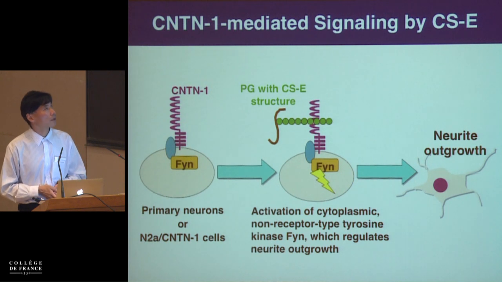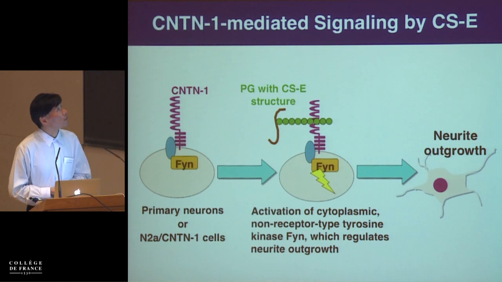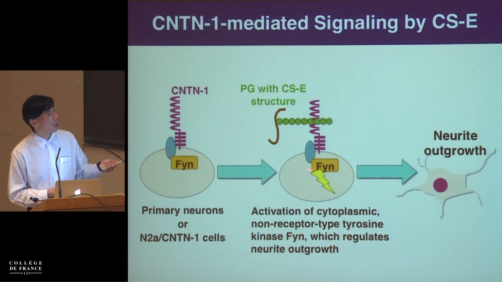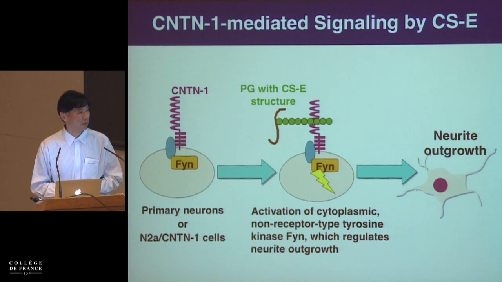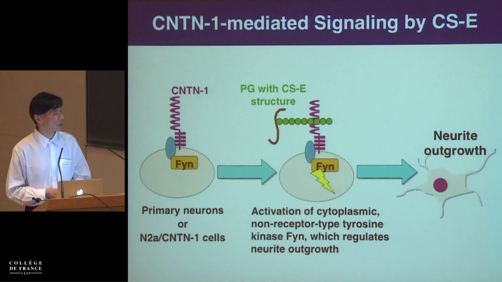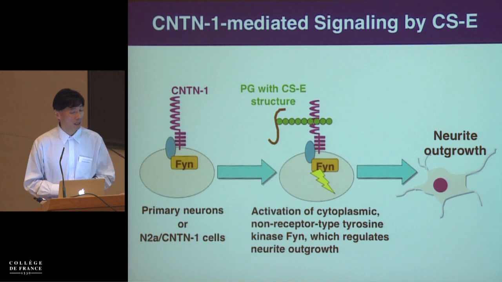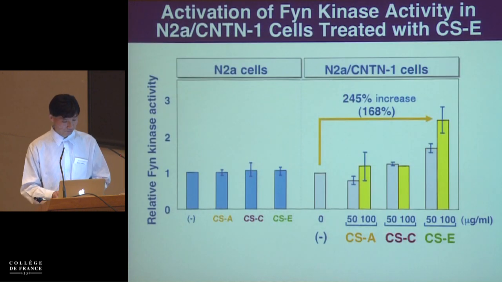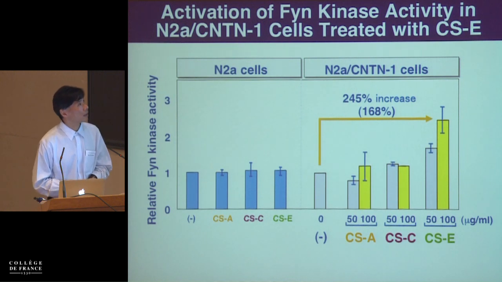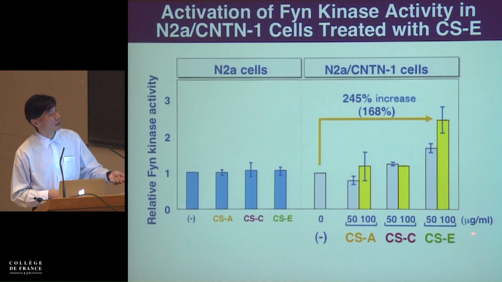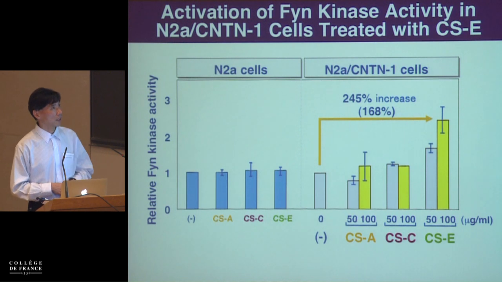So several lines of evidence indicate that contactin 1 mediated signaling is expressed as the activation of the cytoplasmic non-receptor type tyrosine kinase Fyn, which regulates neurite outgrowth. To examine the involvement of Fyn kinase activity in CSE-mediated neurogenesis, we examined the Fyn kinase activity in Neuro2A contactin 1 cells cultured in the presence of various chondroitin sulfate preparations or in the absence of chondroitin sulfate preparations.